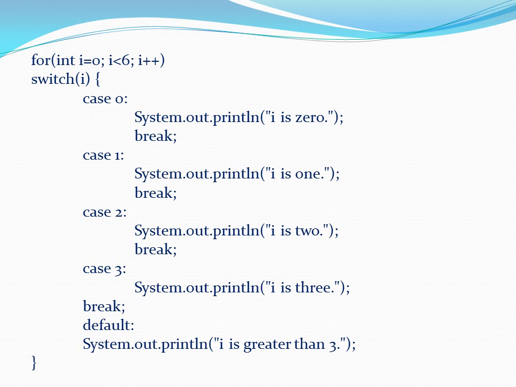Otherwise if it is 1, it will display i is 1, and likewise it will check case 2 and 3. If we give the i value as 4, it could not match any case values because we only gave case 0, 1, 2 and 3. So directly it goes to the default value and displays i is greater than 3.